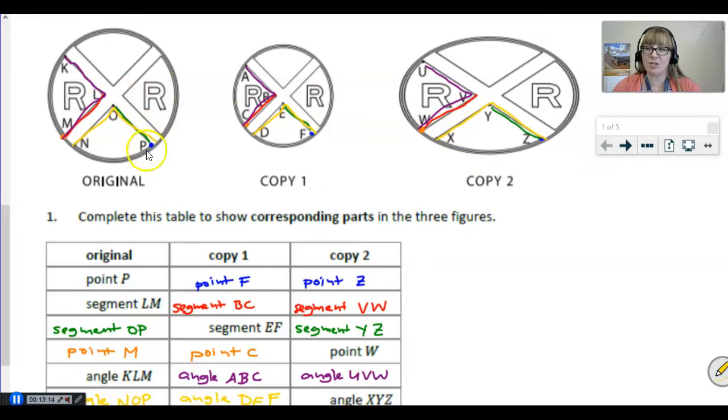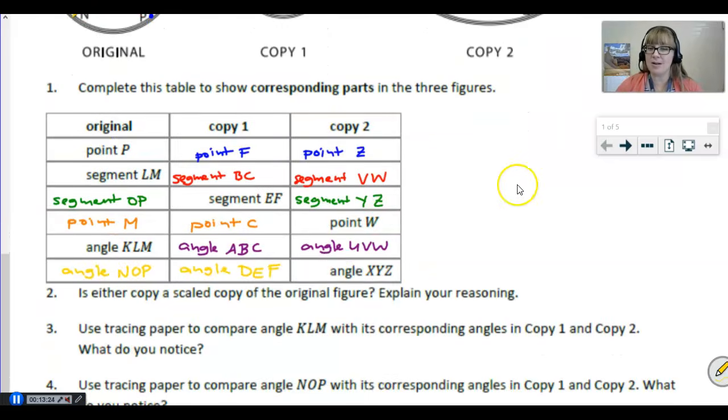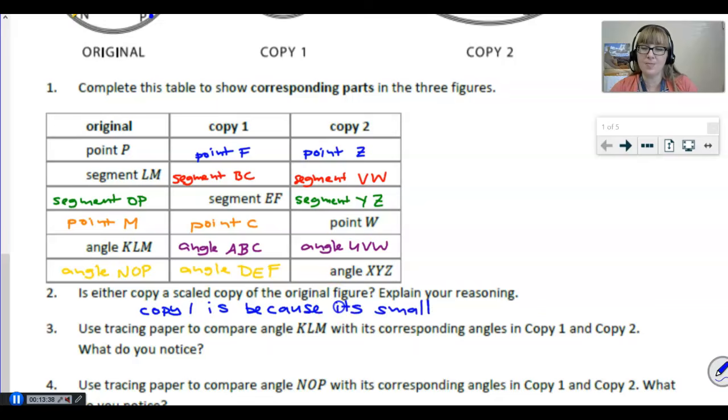So looking at the original, we can see that copy 1 is just a smaller figure, and copy 2 looks like it's squished and stretched. So it is distorted. So we can answer question 2 by saying copy 1 is a scaled copy because it's just a smaller version without being distorted.